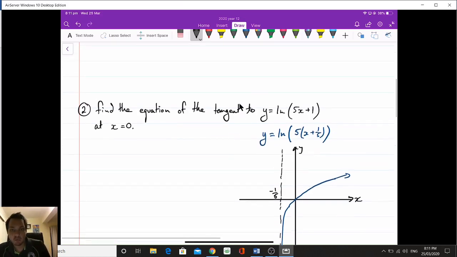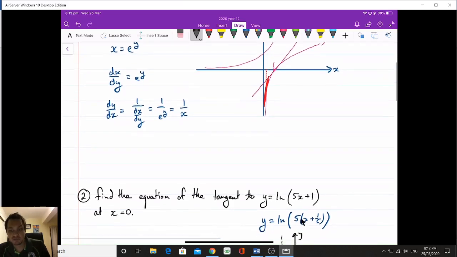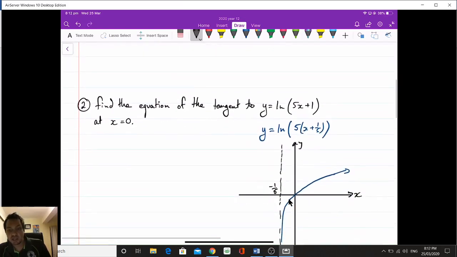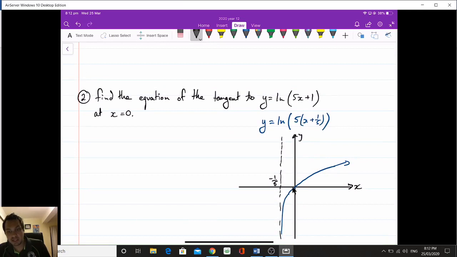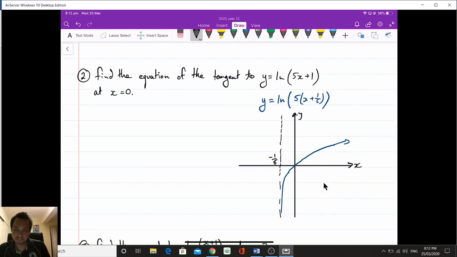In the first example, this is a distance of 1 from 0 to 1 there. However, because of this dilation, it's been squashed. The distance here is only 1/5. So this is our dilation. I just want us to recognize that it would go through at 1/5, and this is what this graph would actually look like here.